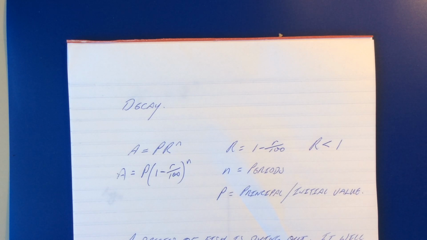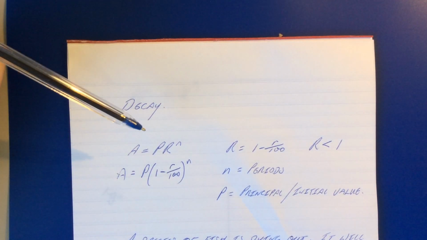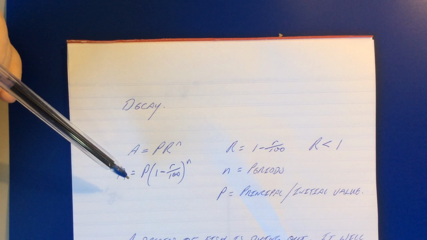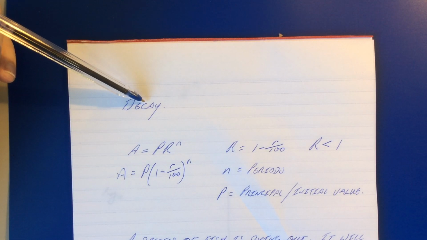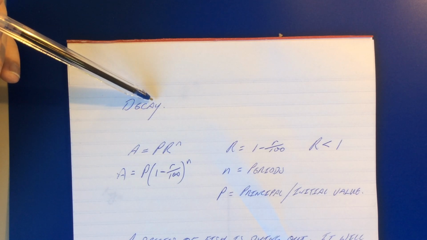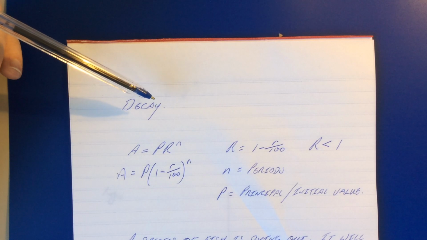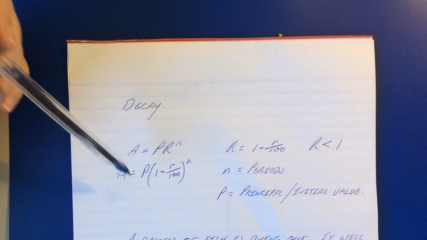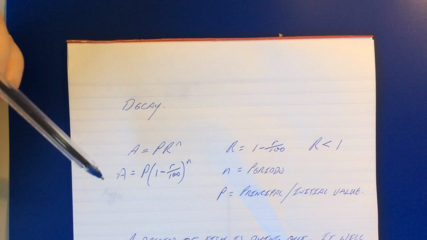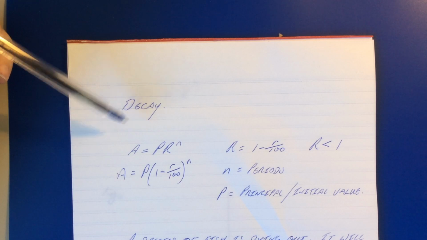Those of you who have done financial maths may well have a nodding acquaintance with one or other of the formulas that you see on the page here, but you may know this as a reducing balance depreciation model. Anyway, we're dealing with decay because we're dealing with, in the question that I'm addressing, a population decline.